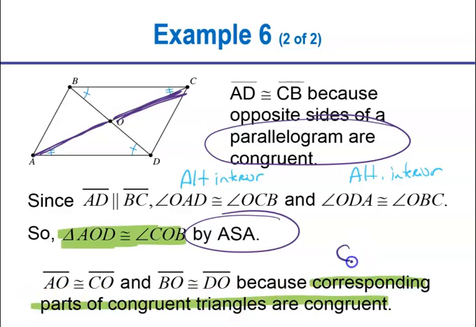CPCTC. I don't know if they put the T in there or not. I tend to say it every time and not write the acronym for it, and they wrote it this time. So corresponding parts of congruent triangles are congruent, okay? So once you know that, then you know, again, that AO is equal to CO. Not only that, BO over here, I'm going to highlight in green, is equal to DO, because corresponding parts of congruent triangles are congruent. I can't even say it. Now, is that what we were trying to prove?